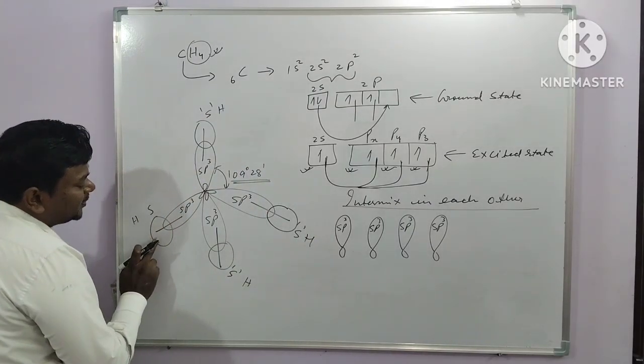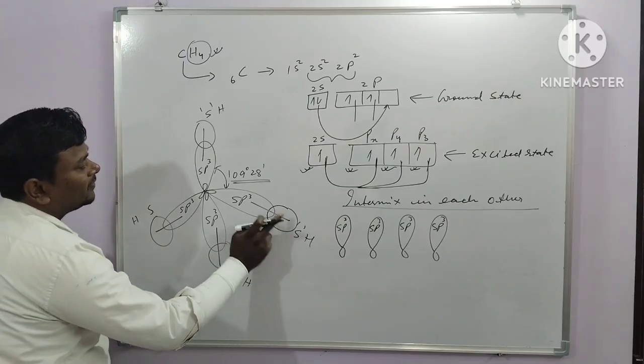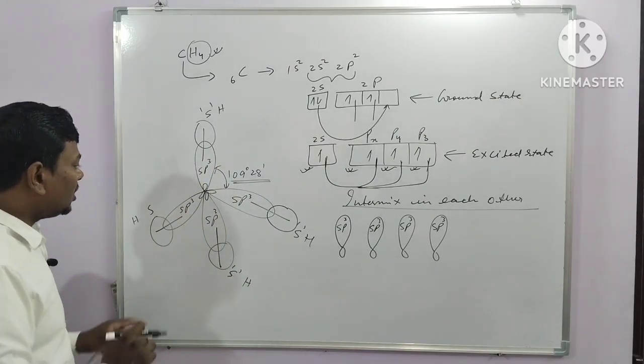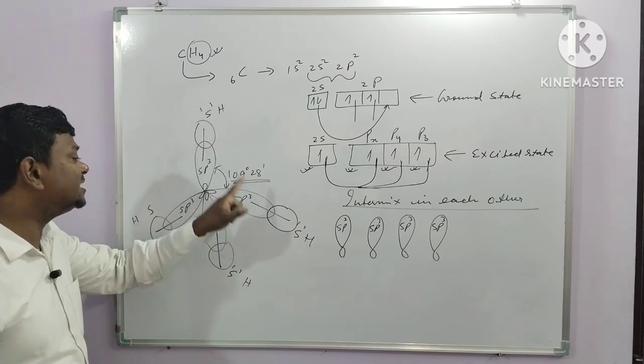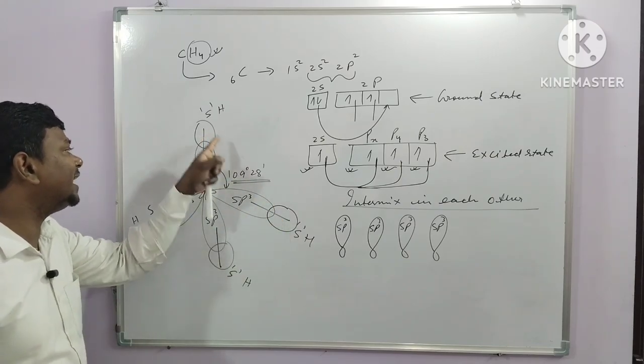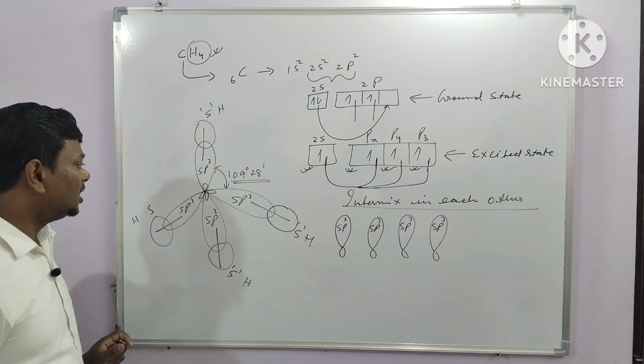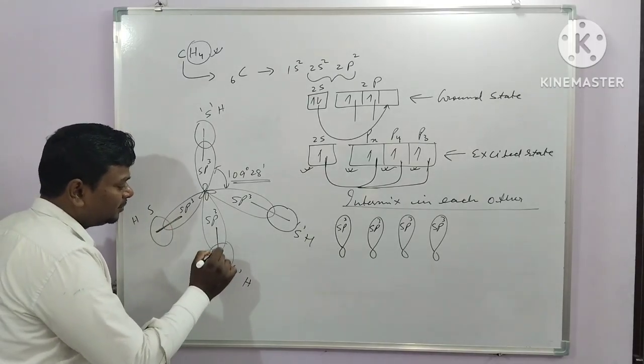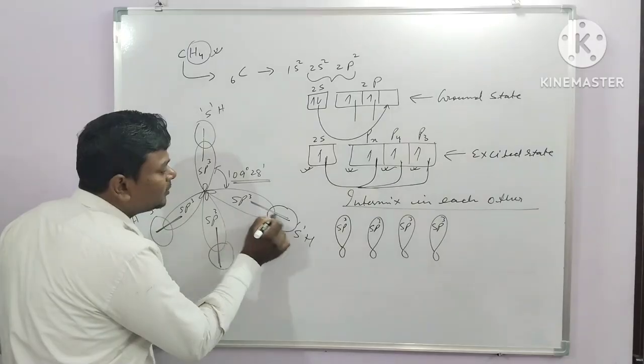The s orbital of hydrogen is pure, but this is what? Hybrid orbitals. But all these hybrid orbitals are making sigma bonds with the s orbitals of hydrogen. So here we can clearly see that the bond strength and bond length are going to be what?